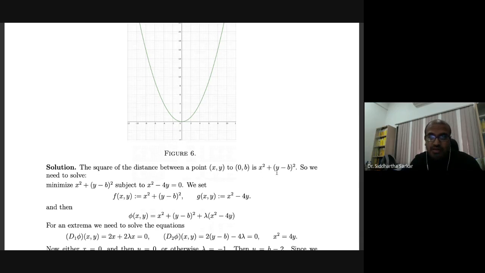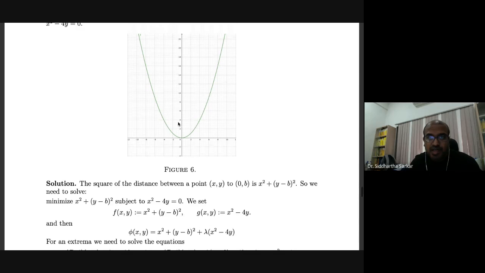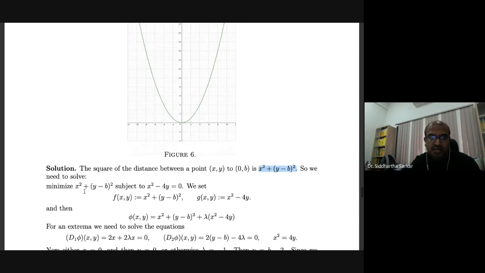If we put a point on the y-axis in this xy plane, the distance from a point (x, y) on the parabola to this point (0, b) is simply, the square of the distance, x squared plus (y minus b) squared. So I'm trying to minimize this particular expression subject to this condition given over here.